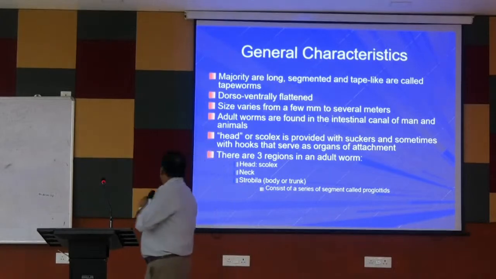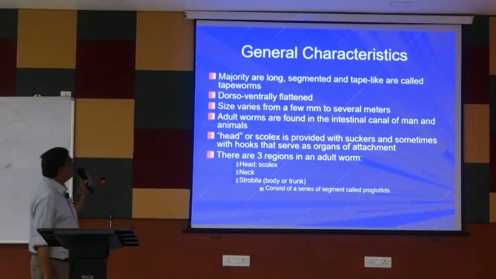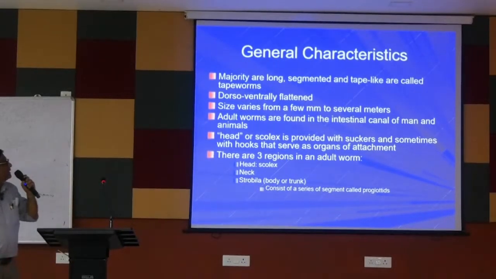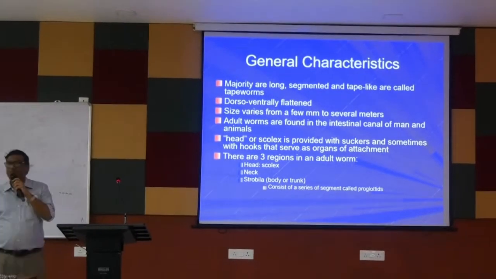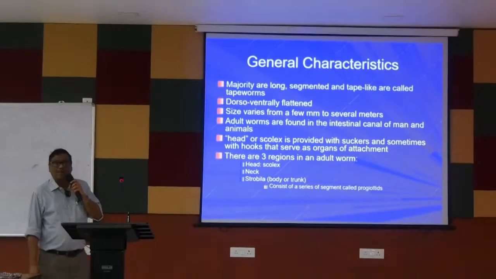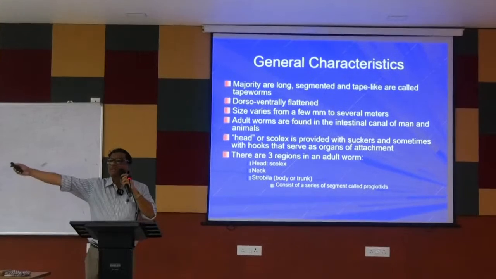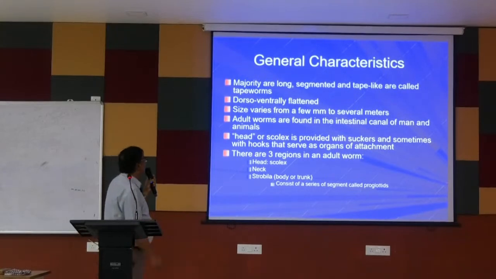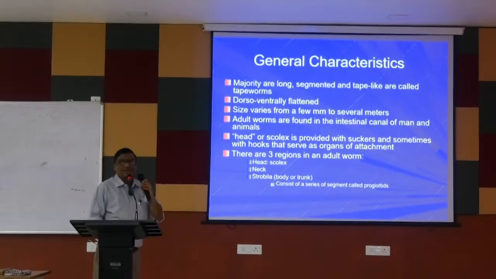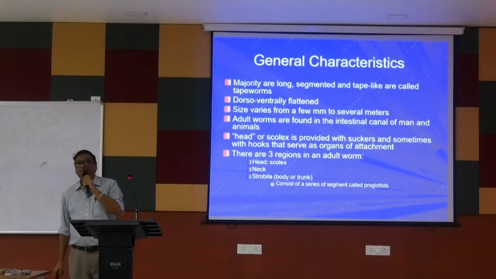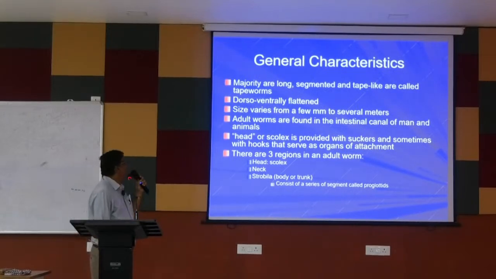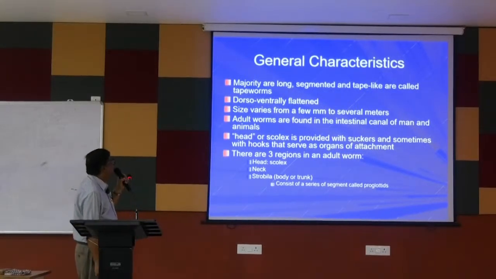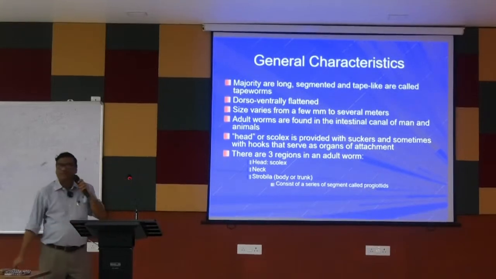The general characteristics: the majority are long, segmented and tape-like, and are called tapeworms. The common name is tapeworm, long, segmented, almost about 10 meters long, dorsoventrally flattened. Size varies from a few millimeters to several meters.